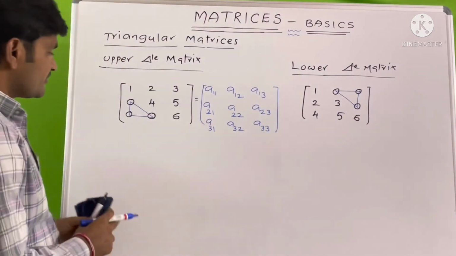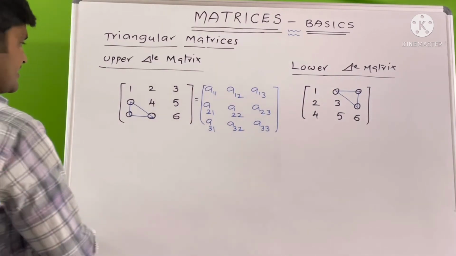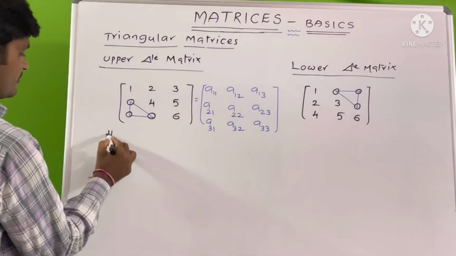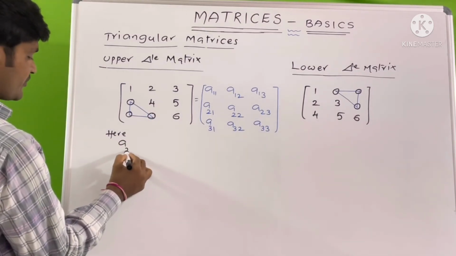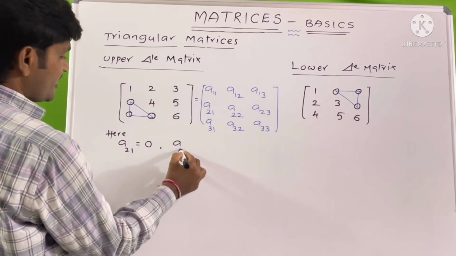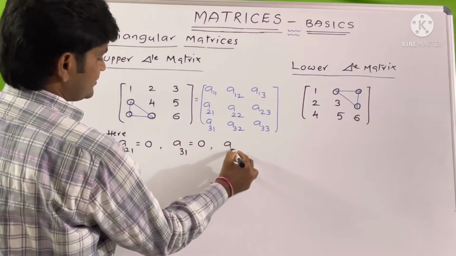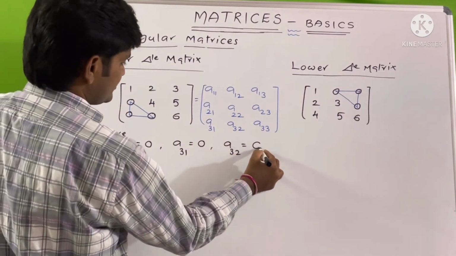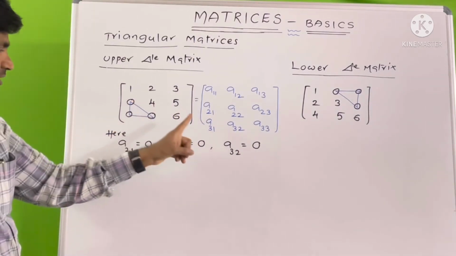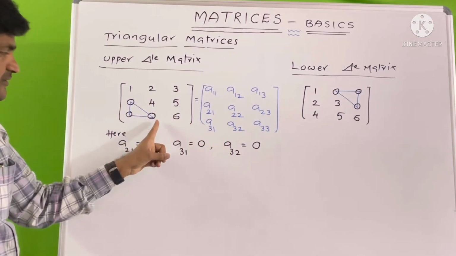Now comparing these three element values from this matrix: first, A21 value is 0, A31 value 0 and A32 value also 0.